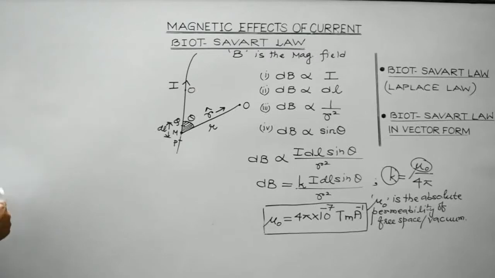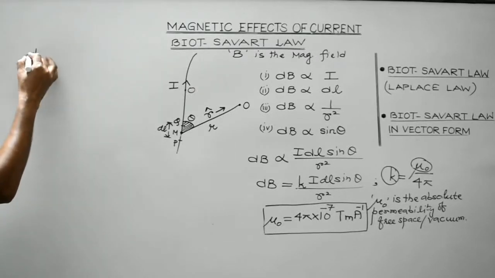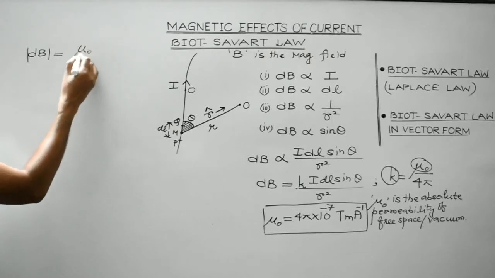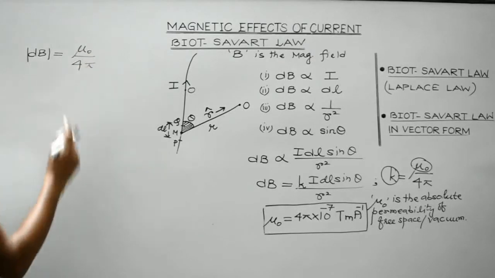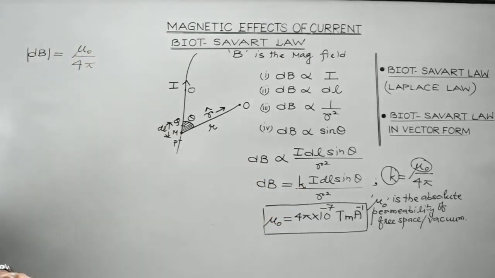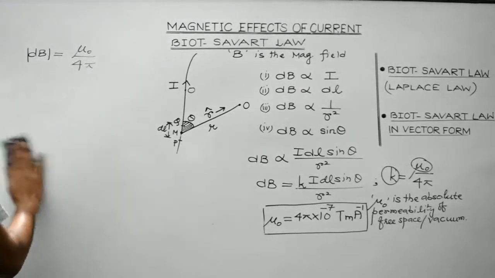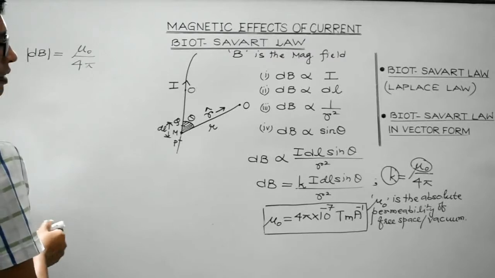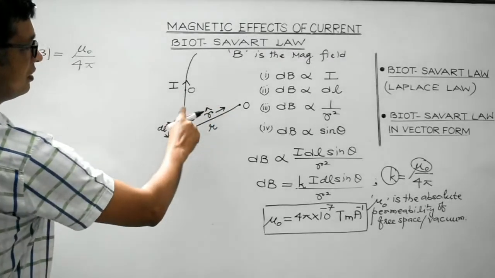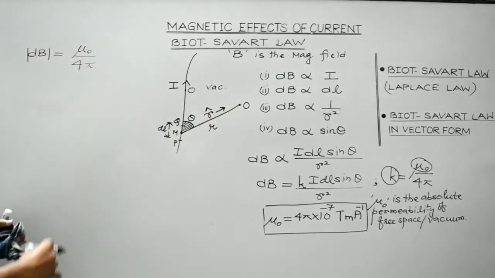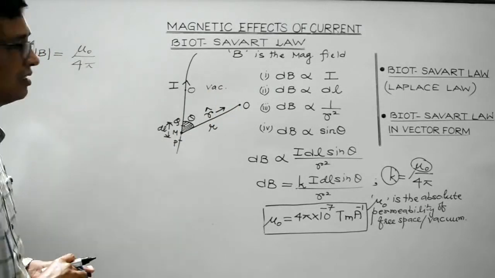Now look students, in magnitude, the magnetic field is given by mu naught over 4 pi. In place of K, you can write mu naught over 4 pi, right? And obviously we are assuming the medium to be vacuum between the observation point and the current carrying conductor.